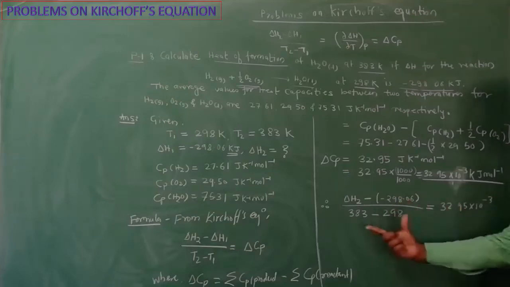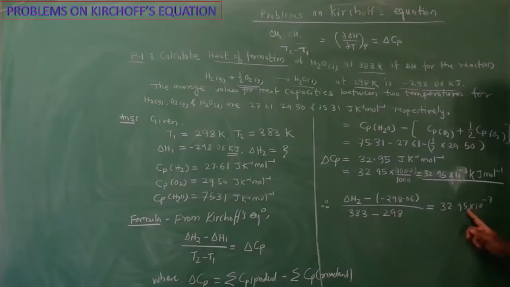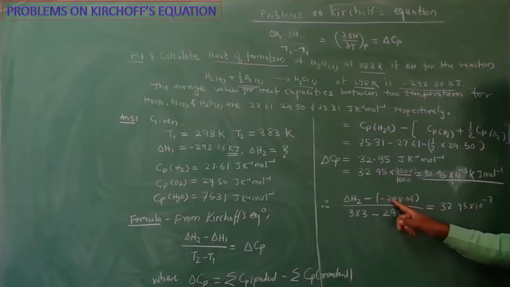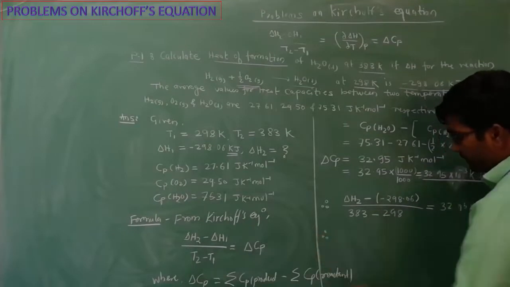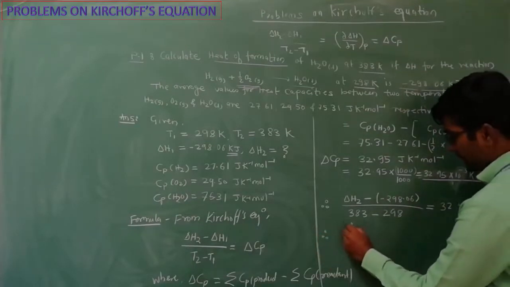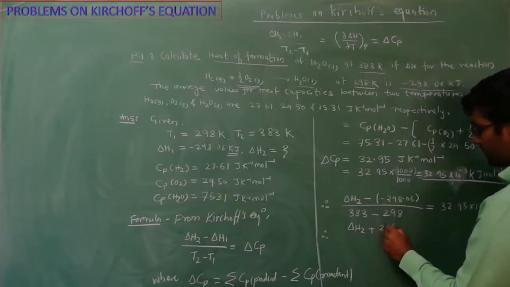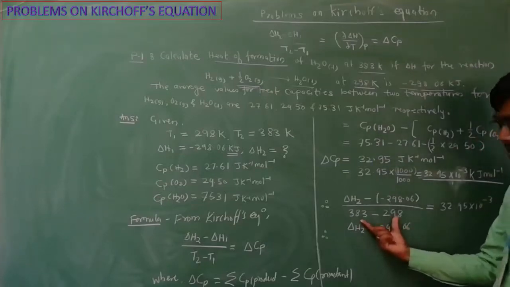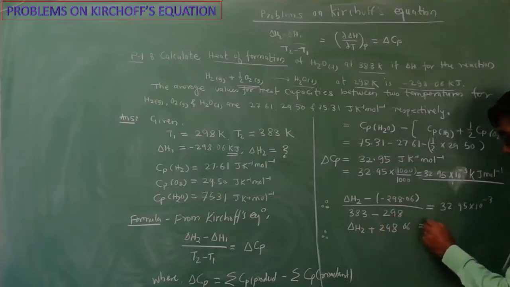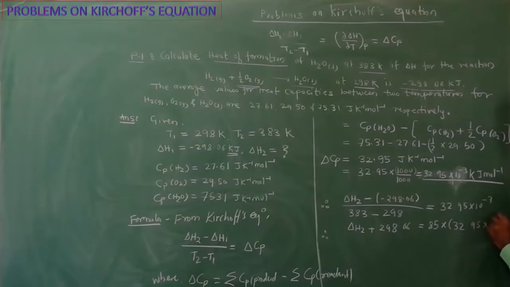Now we need to simplify this denominator, then take this denominator to the right hand side, and then take this side value to the right hand side. We will solve each step one by one. Therefore, it will be delta H2 plus 298.06, which is equal to 85, the value of this subtraction, times 32.95 into 10 raised to minus 3.